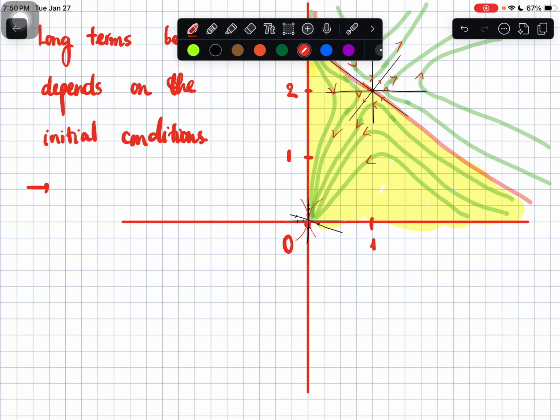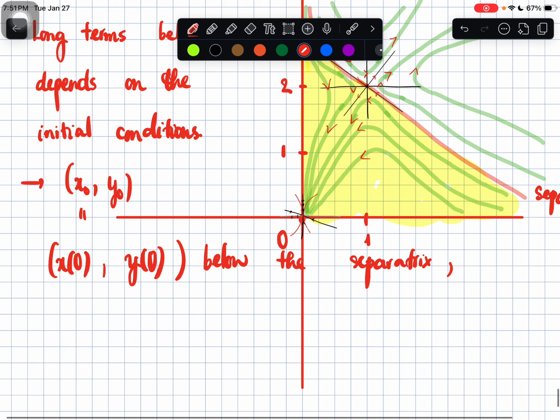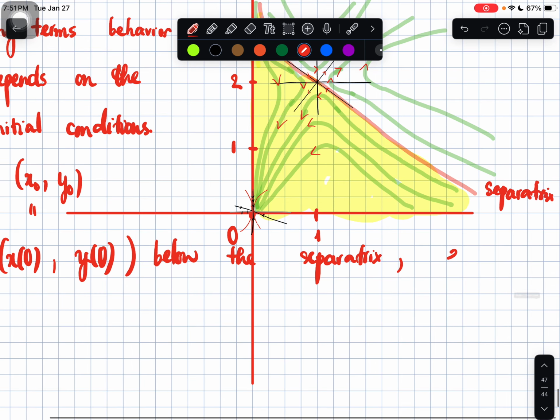If x0, y0, so x at time 0 and y at time 0, are below the separatrix, they will both die out. We have extinction.